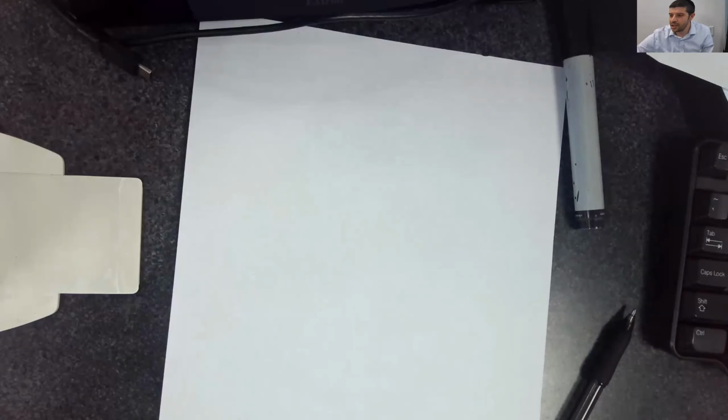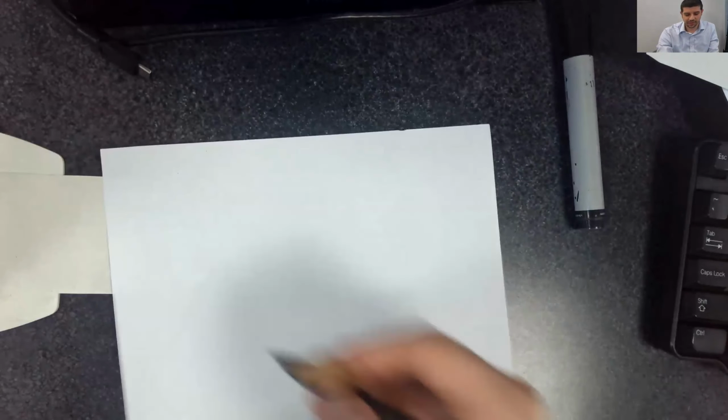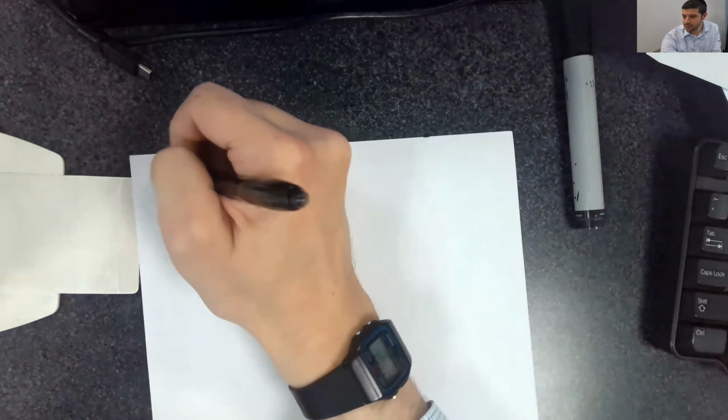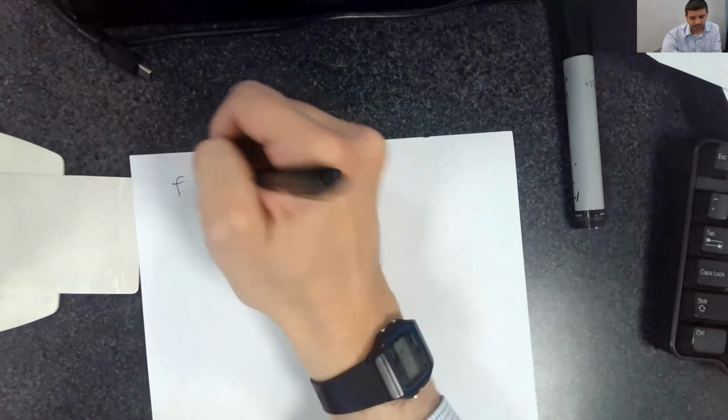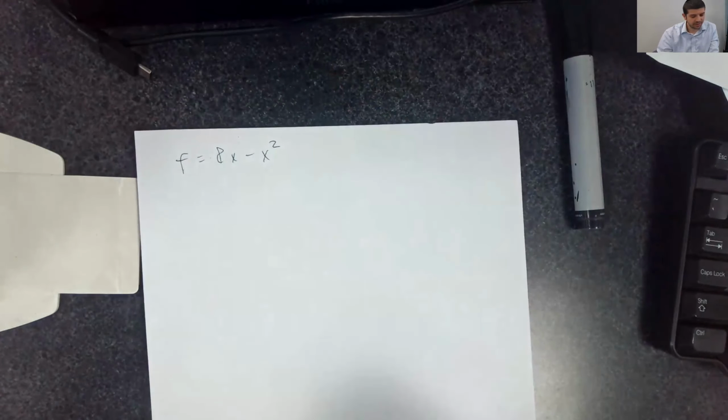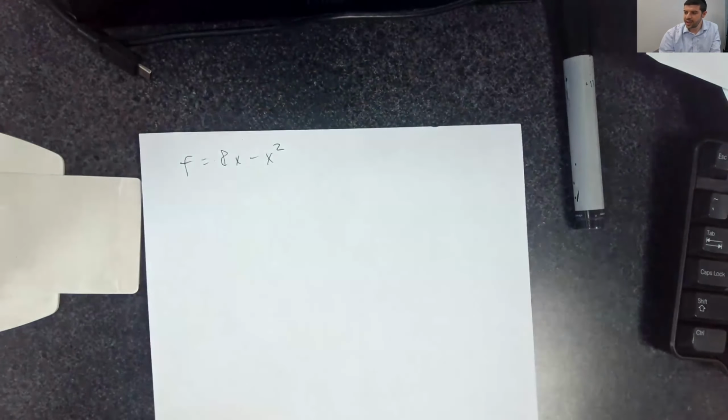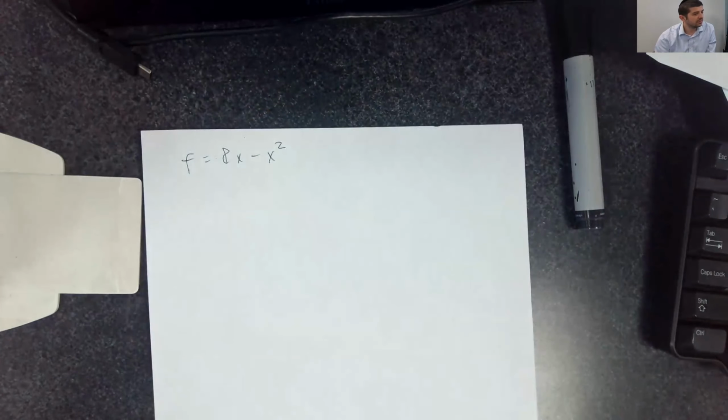Part A, find the slope of the tangent line at the point 1 comma 7. So you have to use the formula, right? Your function here is 8x minus x squared, and they want the slope of the tangent line. What's the a value that they're giving you? They have to give it to you.